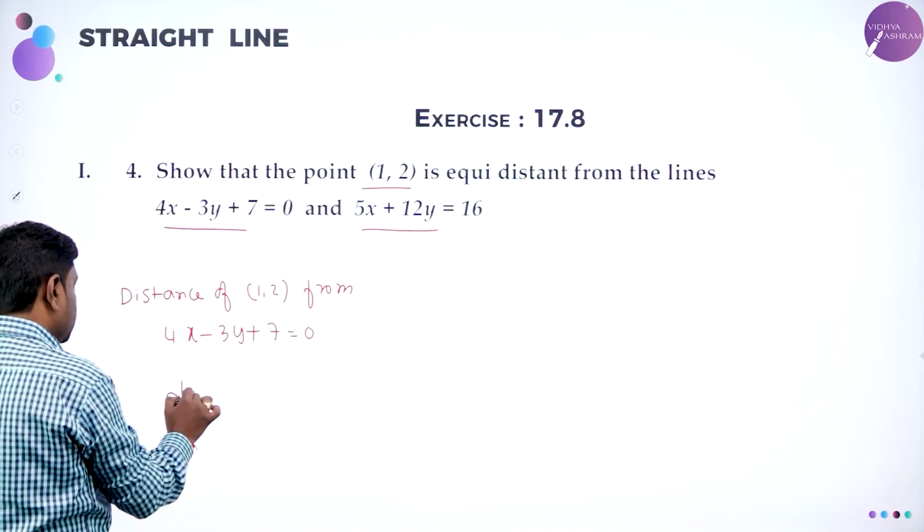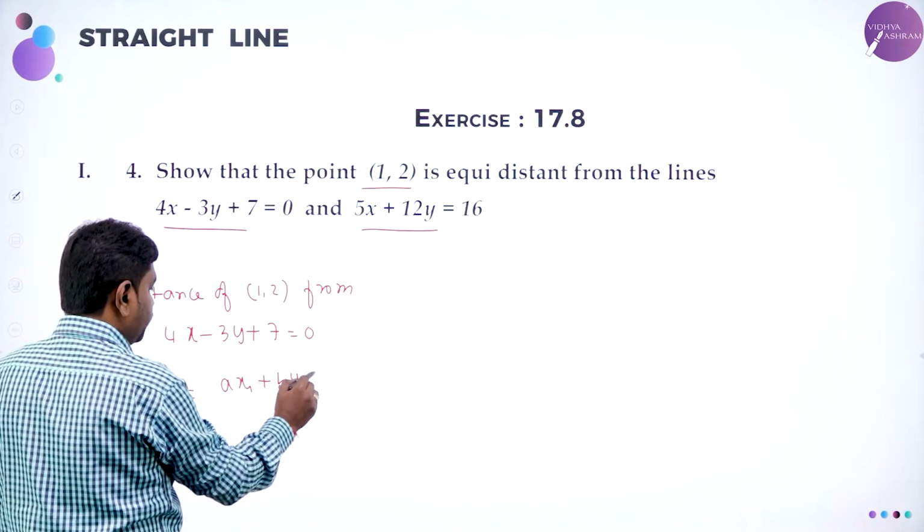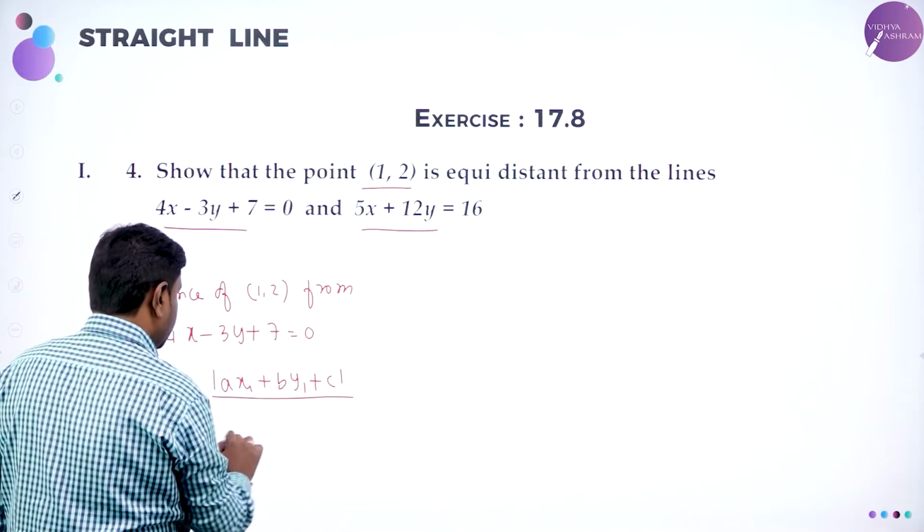So D is equal to what? Modulus of ax1 plus by1 plus c divided by root of a square plus b square.